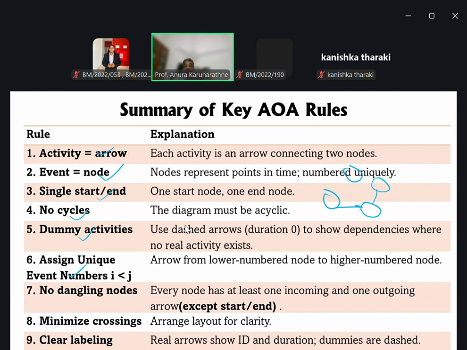If we draw this kind of loop, this is not a network. We always draw from left hand side to right hand side. The length of the arrow is not important to determine the time period or the cost. A dummy activity has no resources or time.